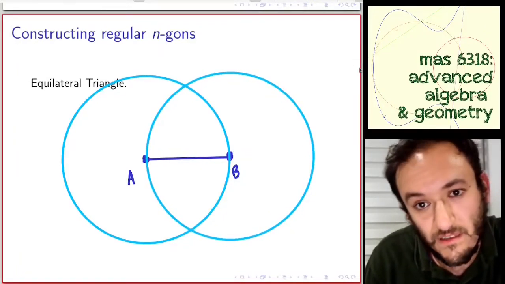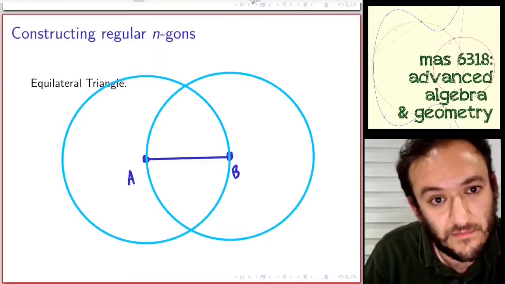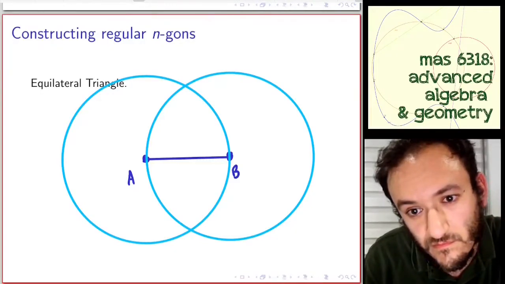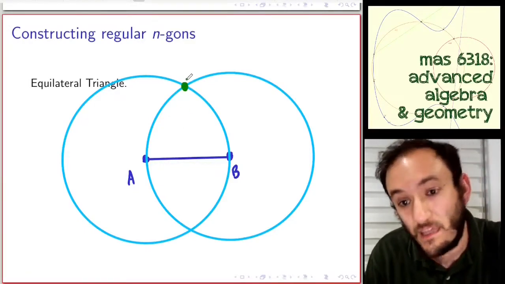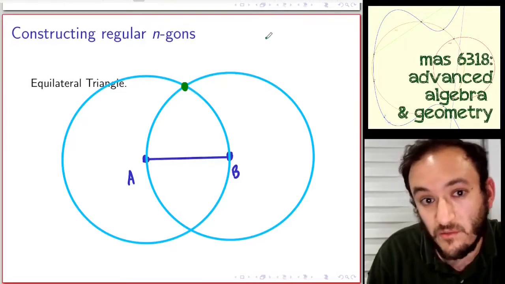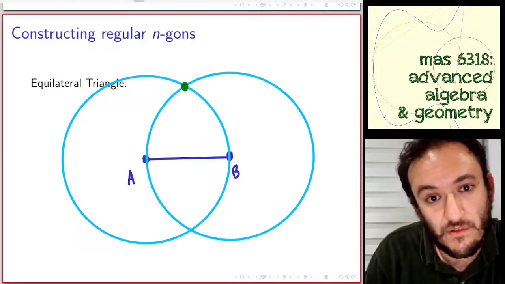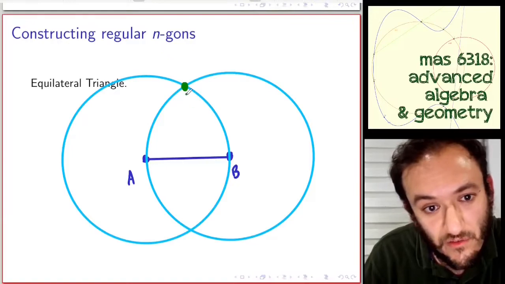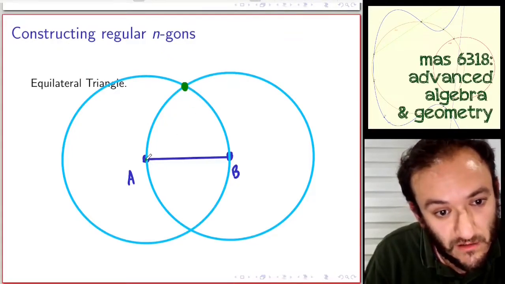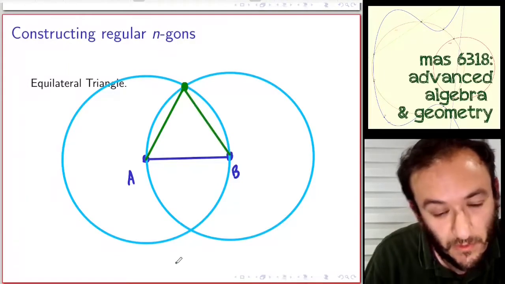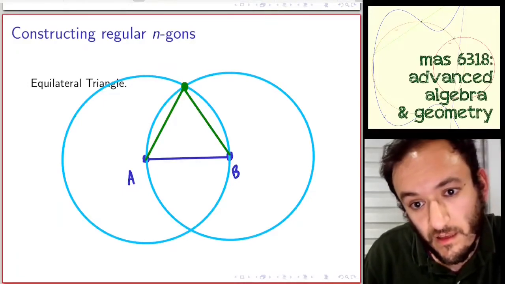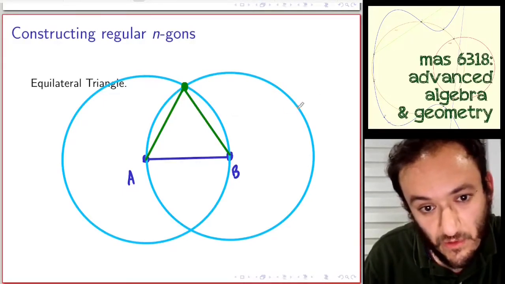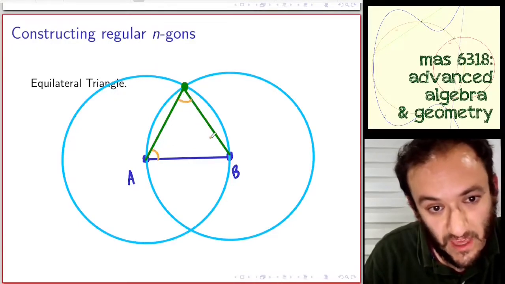Okay, and the resulting point of intersection is an equal distance from both A and B. So that makes it another vertex in an equilateral triangle. Okay, so there's our equilateral triangle. All of the sides are equal, as we just demonstrated, and all of the angles are equal as well.